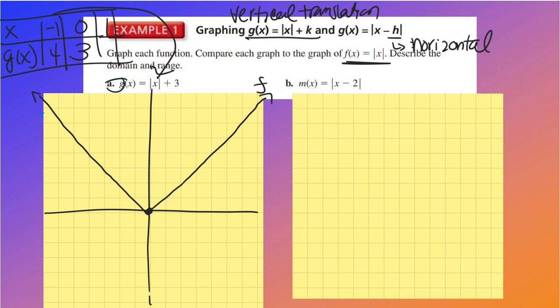And the absolute value of 1 is 1, plus 3 gives me 4. Now I have new points, which are what? (-1, 4), (0, 3), and (1, 4). I'm going to use another color here so that we can see it. (-1, 4), then 1, 2, 3, 4, (0, 3), and (1, 4). And this is our g. So what do we have in here?